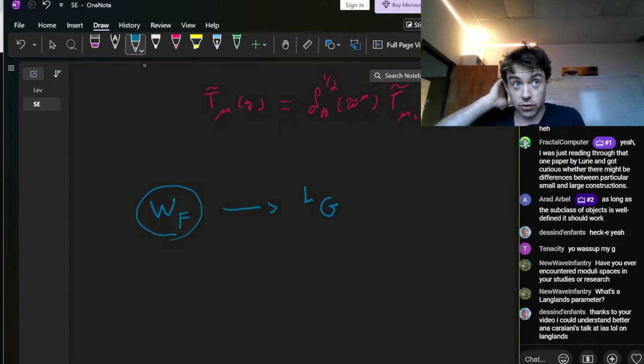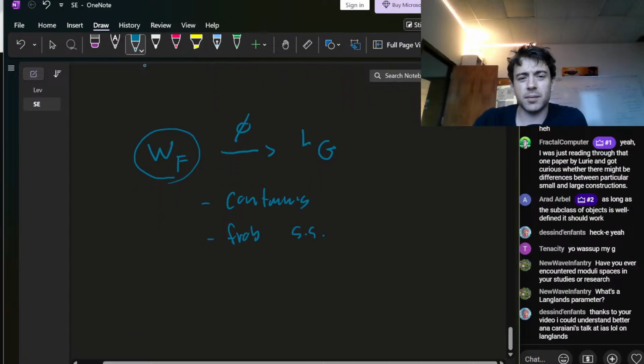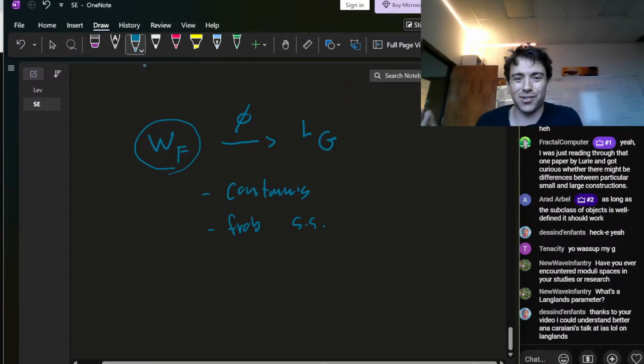Well, first off, there are Langlands parameters for real, complex, and p-adic groups. But in short, a Langlands parameter is a special kind of homomorphism of groups. It needs to be continuous, and it needs to satisfy something called Frobenius semi-simplicity. And also, what are these groups? So let's unpack what these groups are a little bit.